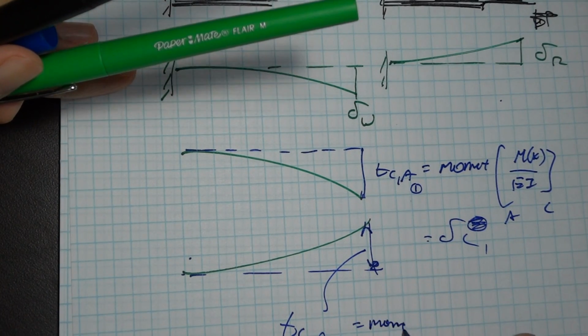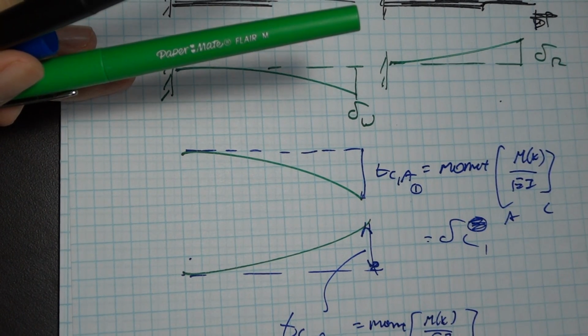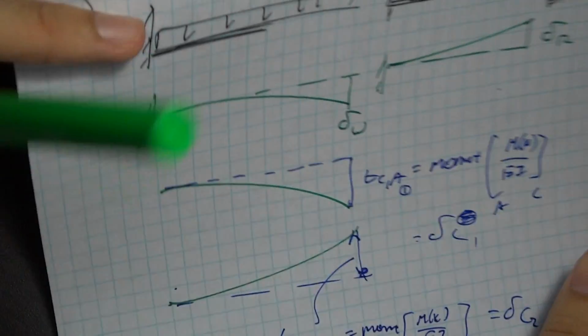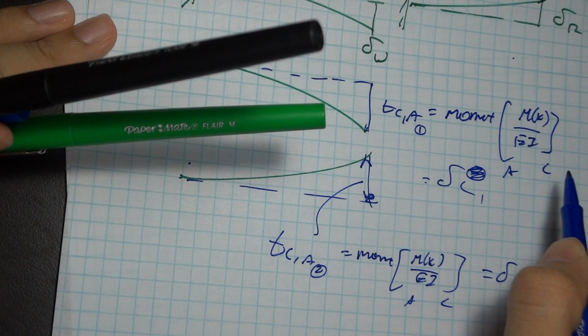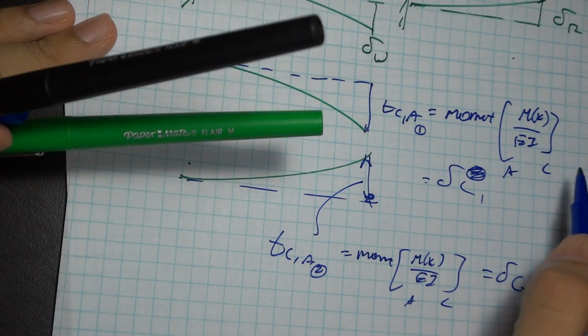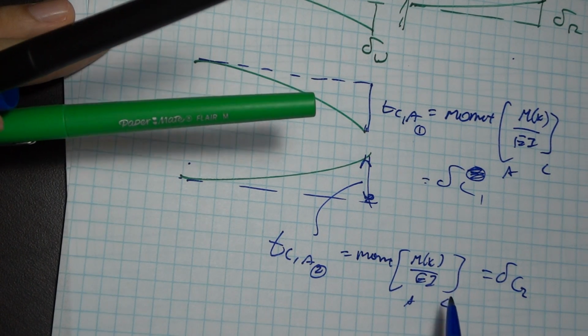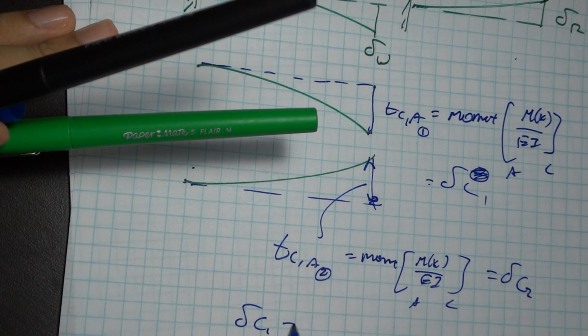Equals the moment over EI, A to C, equals delta C2. Now, this equation will be in terms of P, L, E, and I. The other equation will be in terms of R, L, E, and I. And you want to set these equal to each other.